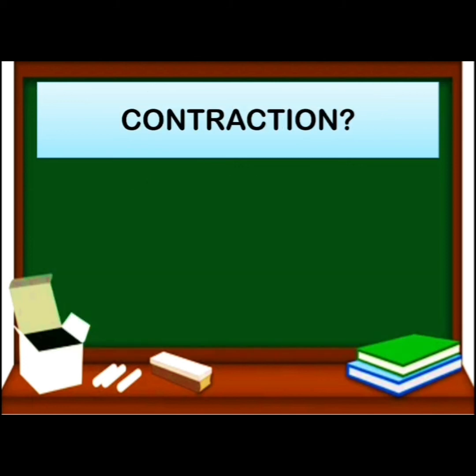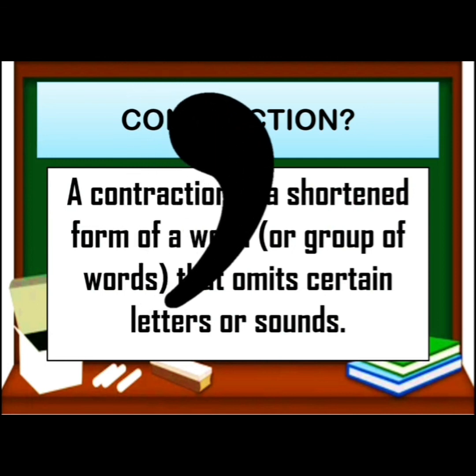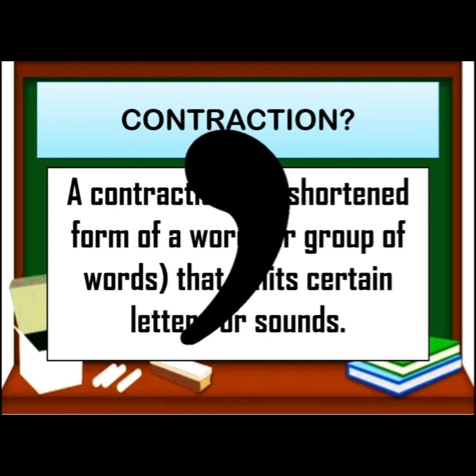Now, you may observe that some of the modals we had discussed in this video have the word not. So here comes the process contraction. What is contraction? A contraction is a shortened form of a word or group of words that omits certain letters or sounds.